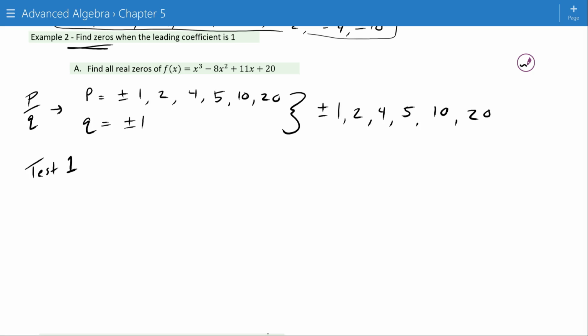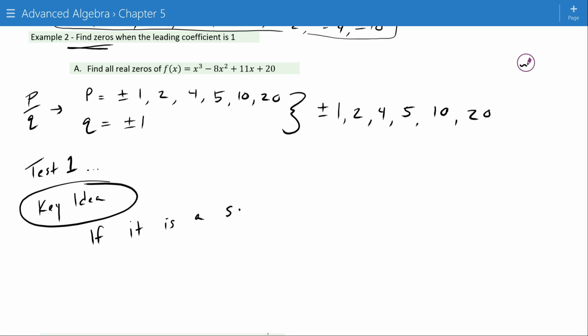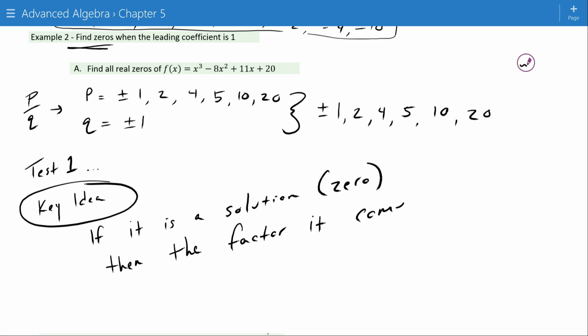Before we do that, there's a huge key idea that you have to make a big conceptual leap for here. If something is a 0, say you found one, it's x equals 5, well, something that's a solution or a 0 means that the factor it came from goes evenly into our original problem.